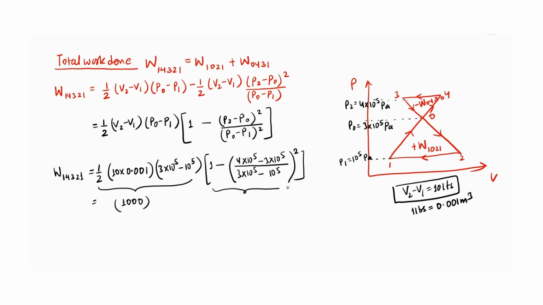And this will give us 1 minus 0.25. So we have this, okay? So we have this, or let me write in this way, okay? Times 1 minus 0.25. So we are getting this, okay? And we get 1000 minus 0.75.